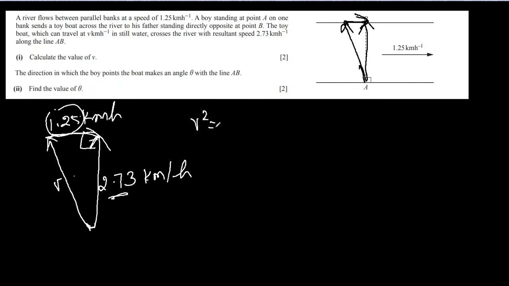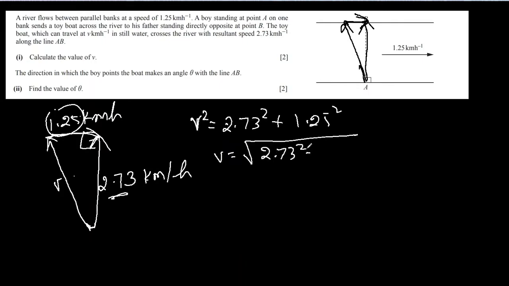So v squared will be equal to 2.73 squared plus 1.25 squared. So v equals the square root of 2.73 squared plus 1.25 squared, and if I use my calculator, I get 3.0 kilometers per hour. That is the speed of the boat in this direction.